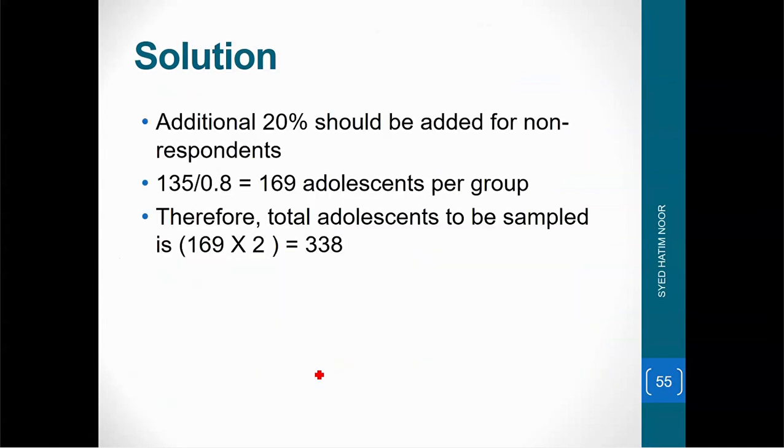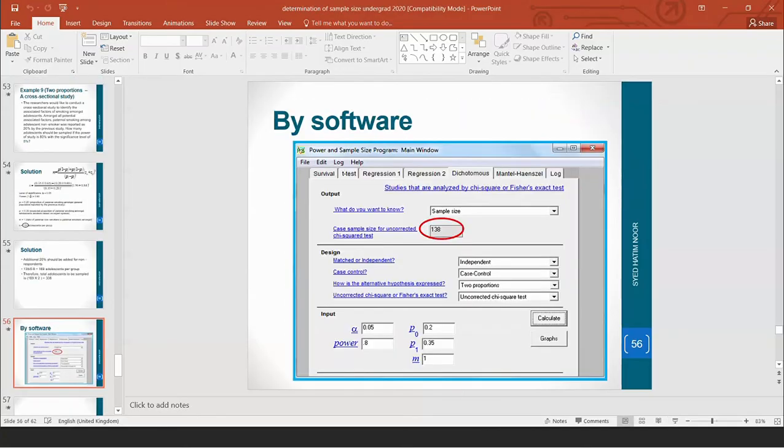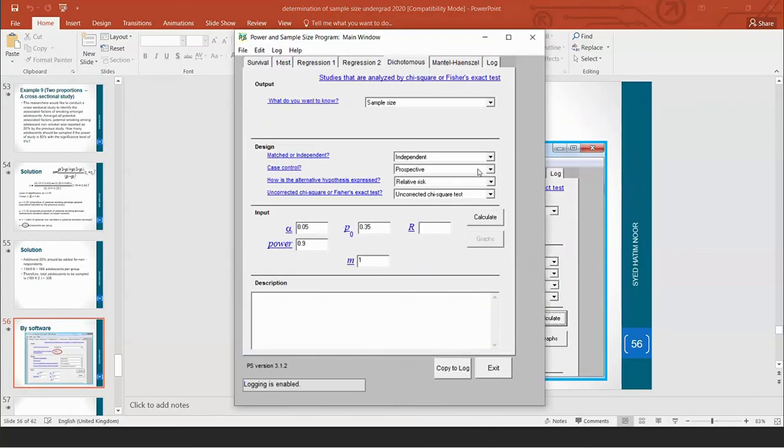Yes, doctor. P1 can be anything? It can be anything. But if you notice here, you can open your PS. Remember just now, I mentioned the difference of around 10%.